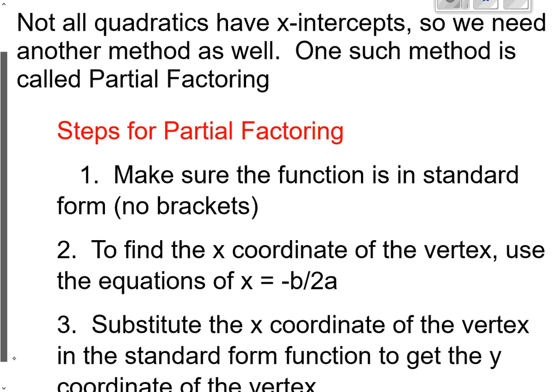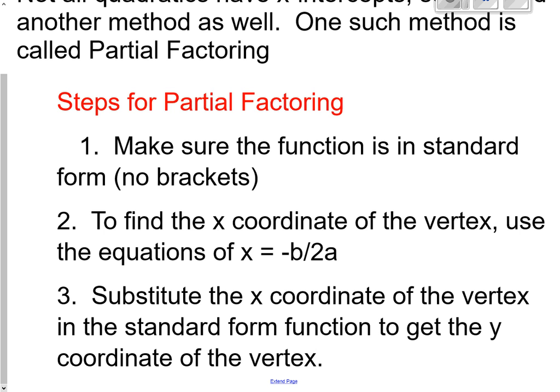Then, to find the x-coordinate of the vertex, we're going to use the equation, not equations, x equals negative b over 2a. That gives us the x-coordinate of the vertex. From there, we substitute it back into the actual equation to get the y-coordinate of the vertex.